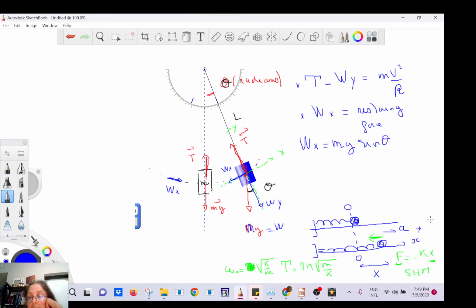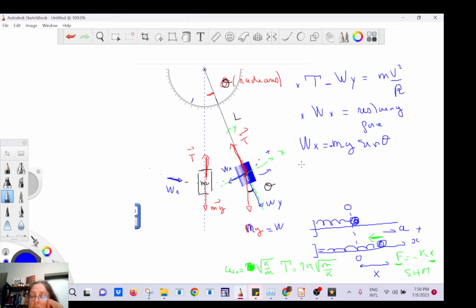And I should put a minus here. This is positive, and let's say it's swinging in this direction. So the restoring force is opposing, pointing in the other direction.